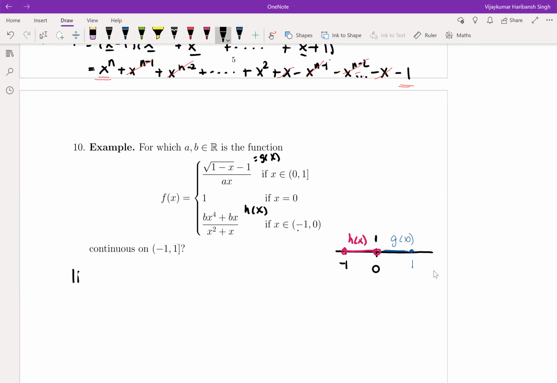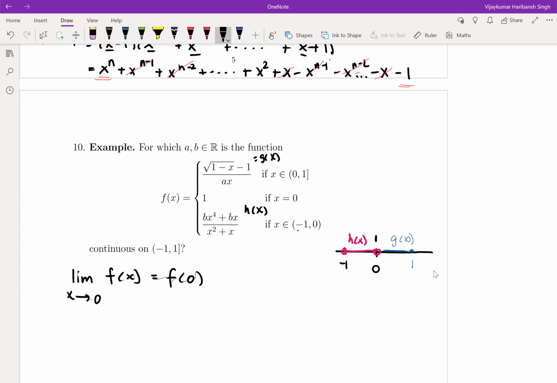limit as, so there's something interesting happening at 0. On both sides of 0, the function is defined differently. So for the function to be continuous at 0, we need that the limit as x goes to 0 of f of x should be equal to f of 0. Why did I choose this? Because this is a connecting link between the first function and the second function, right?